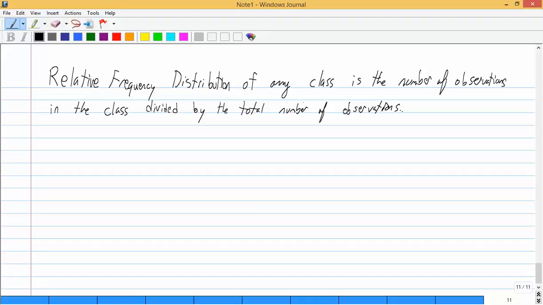Okay, so that's how you find relative frequency. The number in the class divided by the total number of observations.